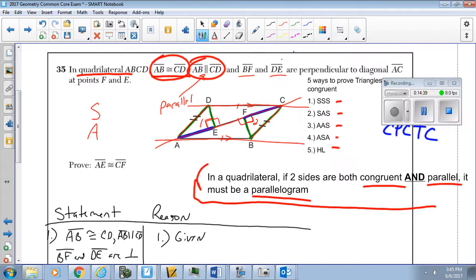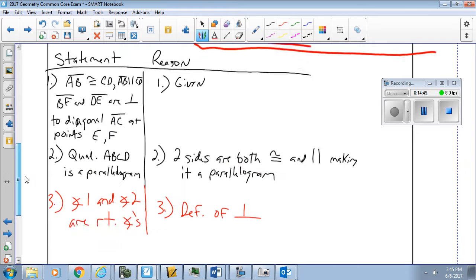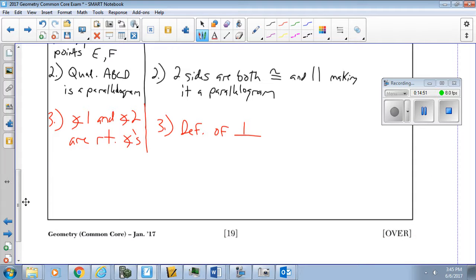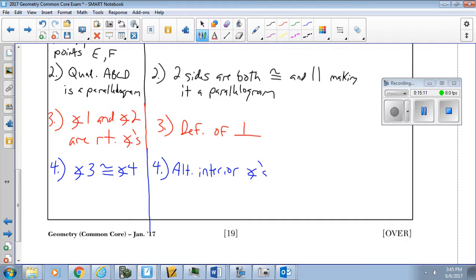So I'm going to name this angle 3 and this angle 4. Angle 3 is congruent to angle 4, and my reasoning is alternate interior angles congruent.